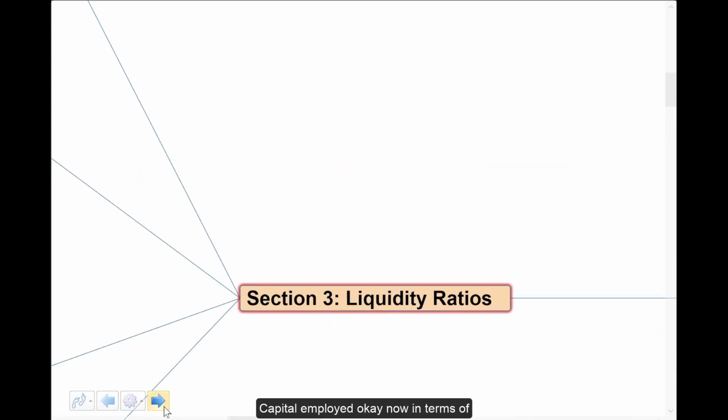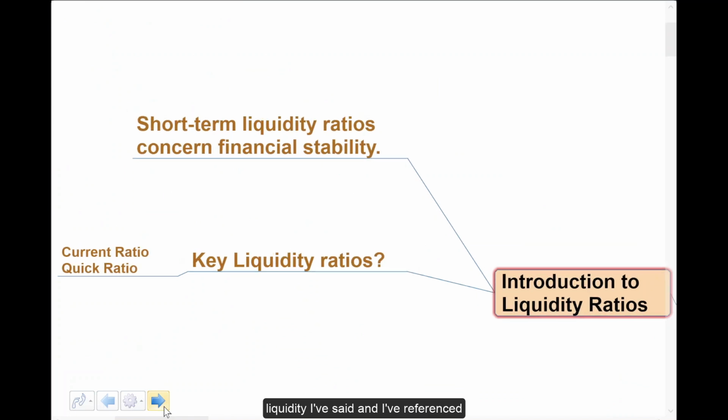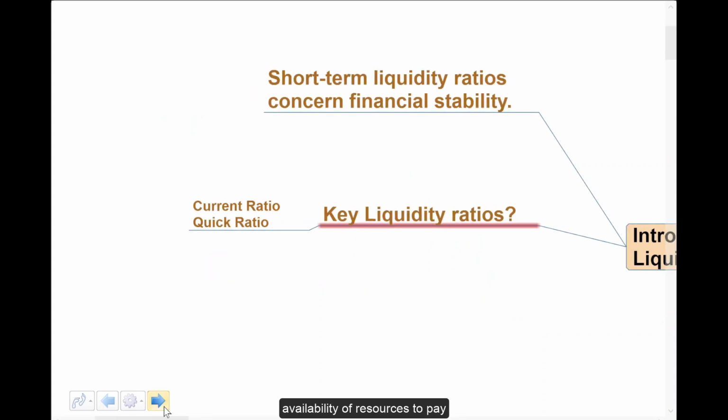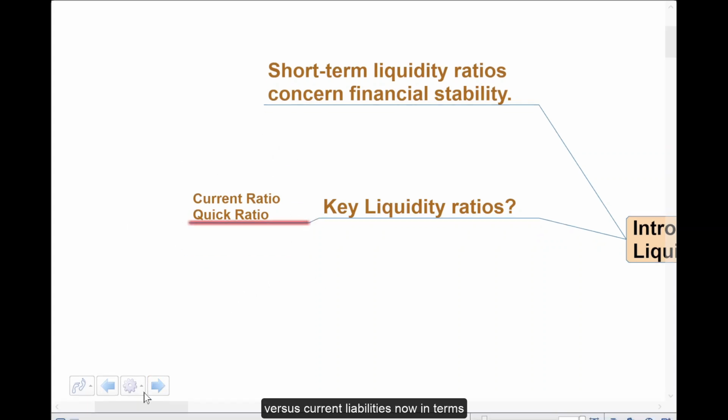Okay? Now, in terms of liquidity, I've referenced cash here, we're talking about short-term liquidity ratios dealing with financial stability. When we say financial stability, we're really talking about the availability of resources to pay short-term liabilities. And that is why there's a focus here on current assets versus current liabilities.